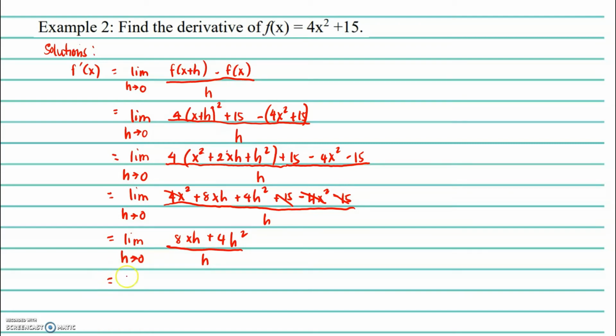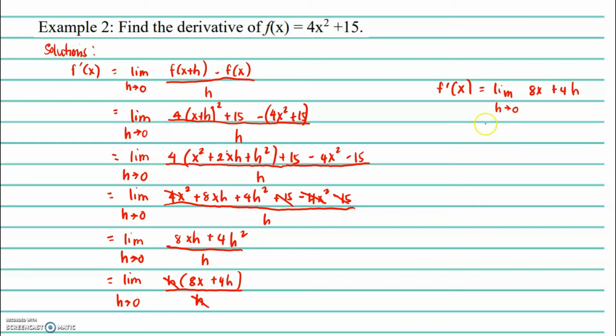Okay, factor out your numerator, so you have the limit of h times 8x plus 4h over h as h approaches 0. Divide out h, so we have f prime of x equals the limit of 8x plus 4h as h approaches 0.